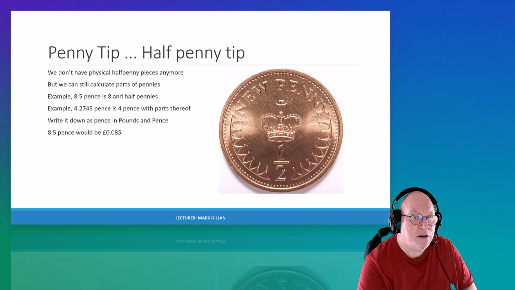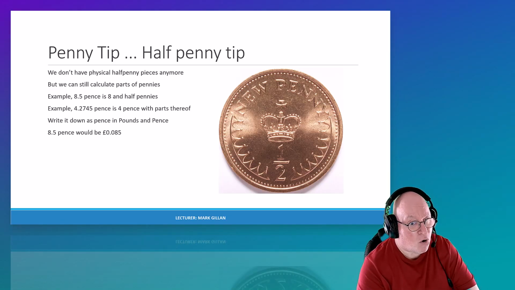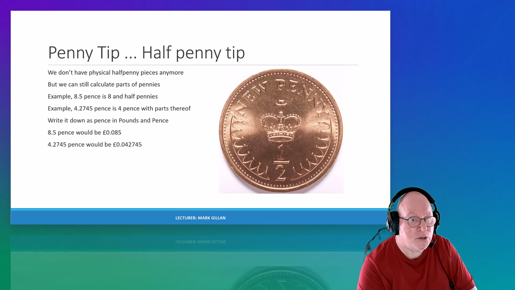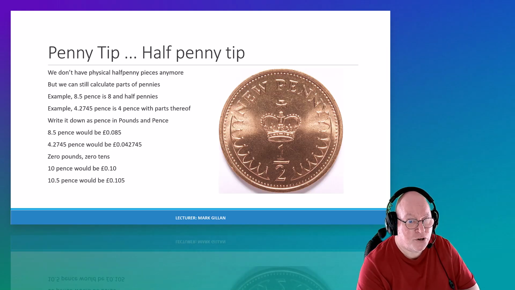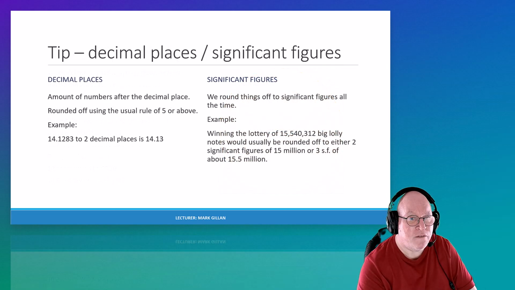But what you do is write it down in pounds and pence so you don't get confused, because you know that it's 8 pence and a part of. So no pounds, no tens, you've got 8 pence and a half, so that's 5. So you can do that with the other one there as well, pounds and pence, and that keeps you right, so it does. So 10 pence, 10.5 pence. Okay, so all shown there for you.